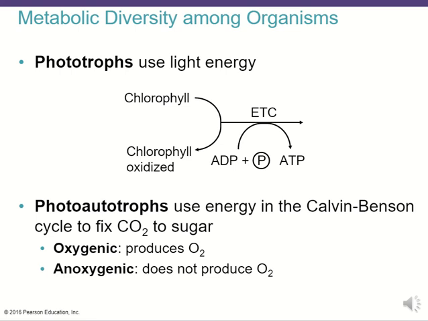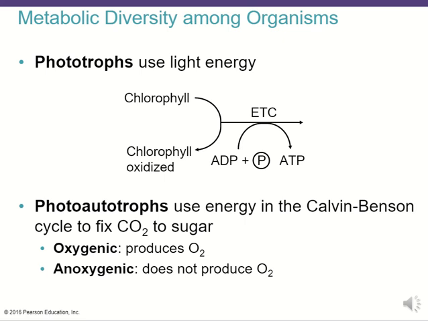There are photoautotrophs, which use energy in the Calvin-Benson cycle to fix carbon dioxide, or to combine carbon dioxide into sugar. If it's an oxygenic process, it produces oxygen in the end, and if it's anoxygenic, it does not produce oxygen in the end.